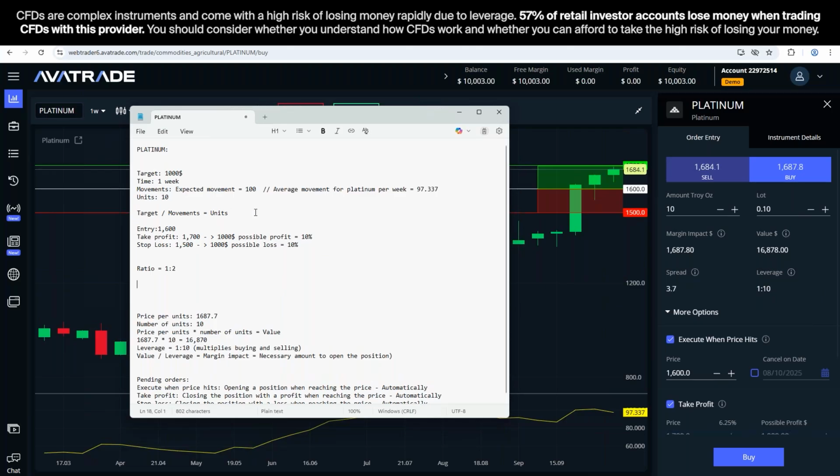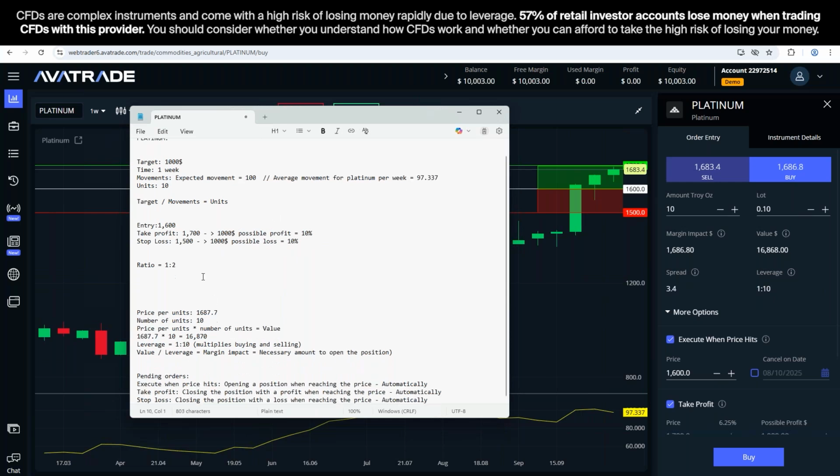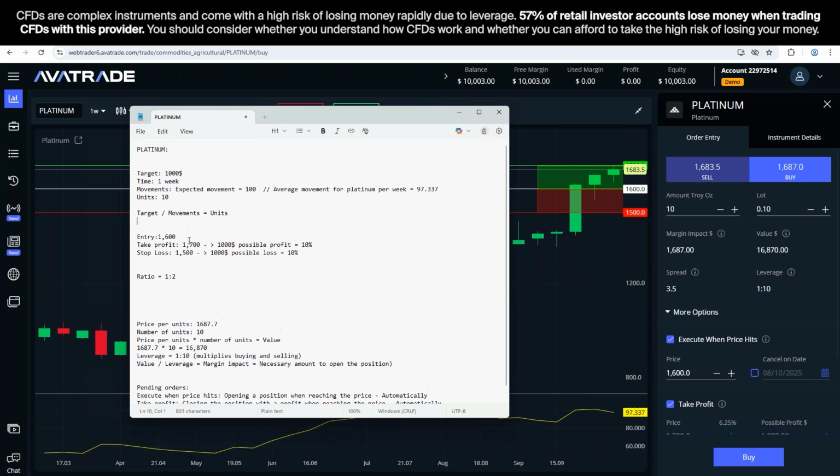Because we know that the possible profit and loss are based on target divided by movements equals units, and as we wrote here, I think I deleted it by accident, but never mind, we're going to write it again. We said that the movements times number of units equals possible profit or loss.